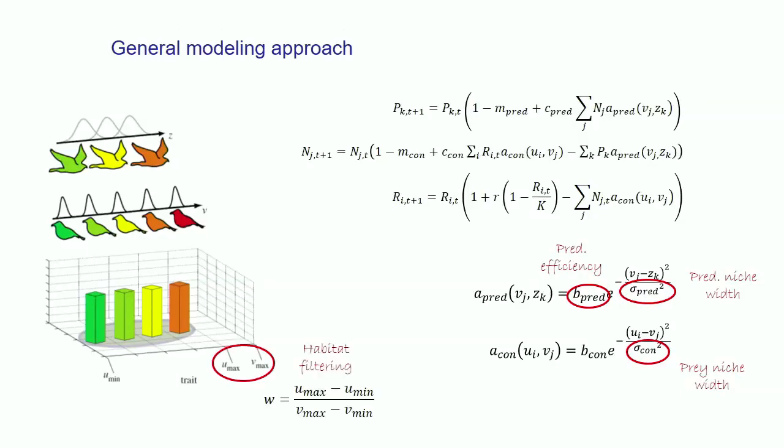And we will focus on habitat filtering, which here is defined by the overlap in the resource trait space with the available prey species pool. If that overlap is large, we will have low habitat filtering. If it's small, we will have high habitat filtering.